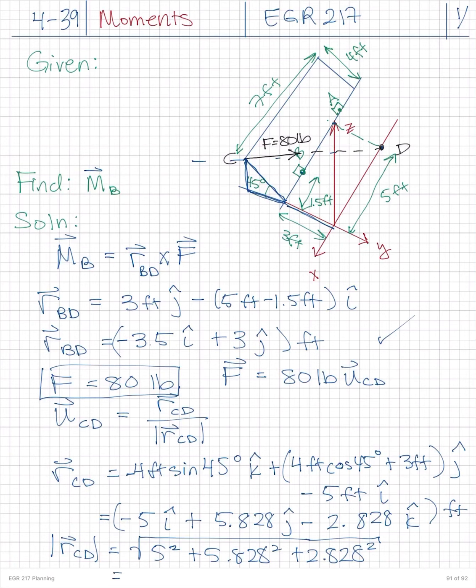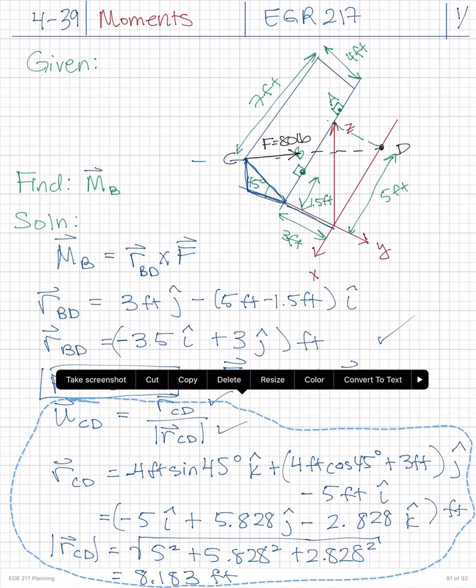So that's going to give us, let's see, 8.183, and that'll be feet. So now we can do that unit vector, right? So now we have the numerator and the denominator. I'm going to copy this over just so I can make sure I get it right when I move to the next page.